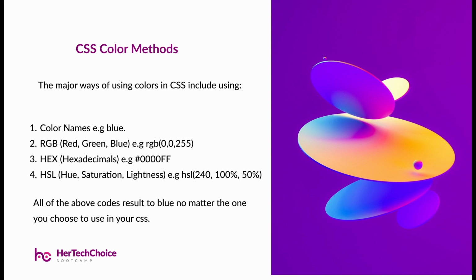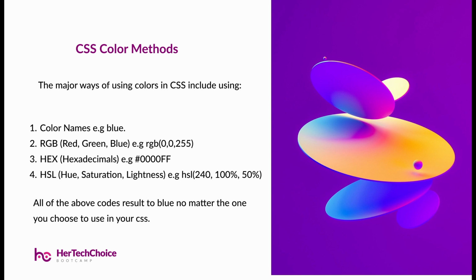There are values that you give this RGB that determine a particular color. For example, the same color blue that I declared using the normal color name can be declared using this RGB sequence, 0, 0, 255, which also leads to color blue.